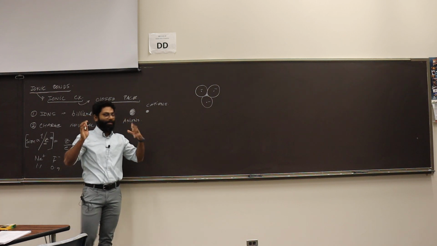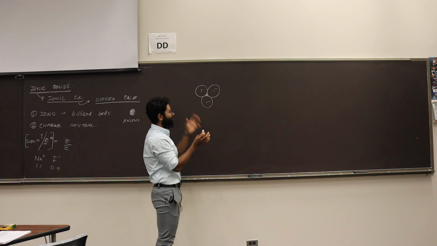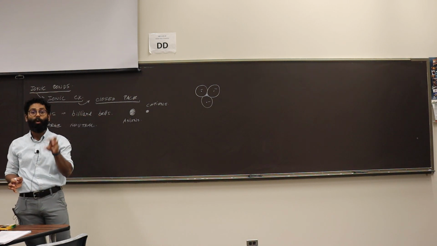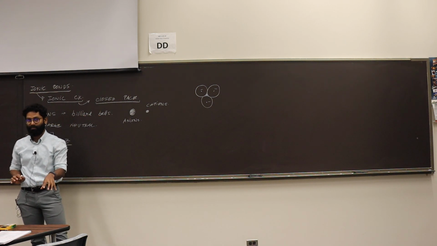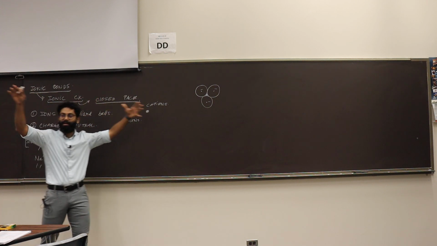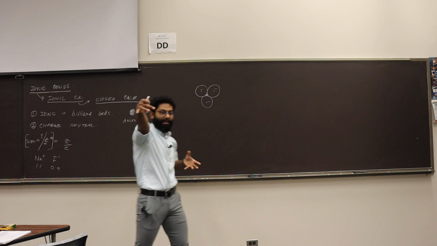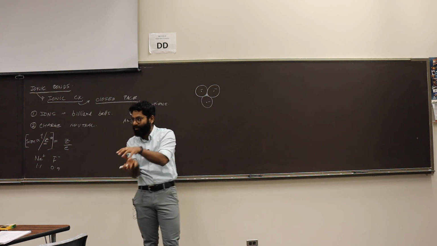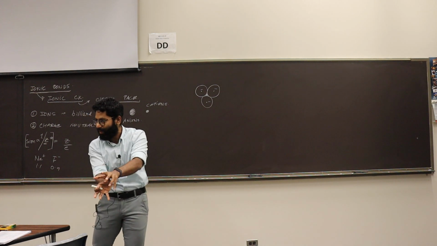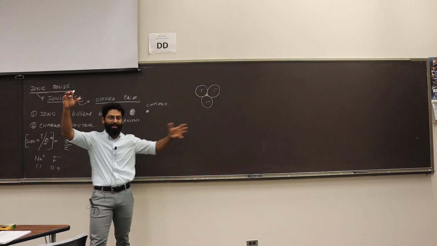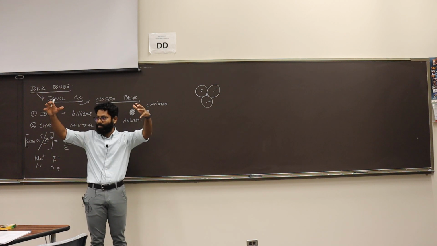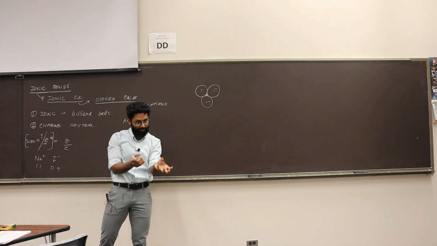So there will be this kind of a structure in which the cations are filling in the voids of anions. So the anions are the bigger ones, and the cations will be sitting inside of them because of their smaller size, because they can actually fit in that smaller space. So basically the lattice will be formed by these anions, and the insides will be the cations.